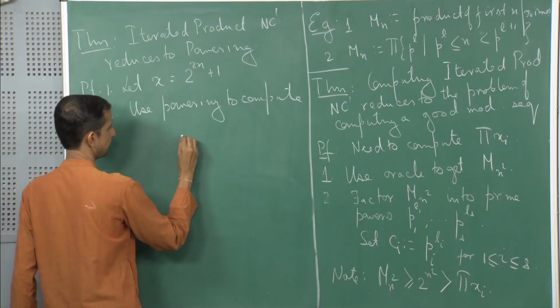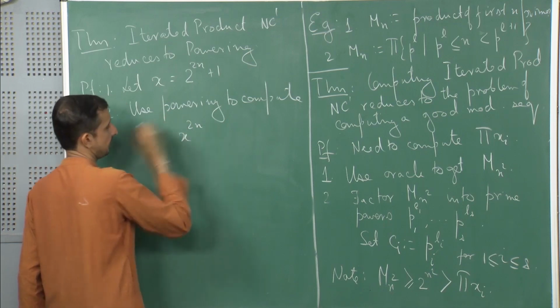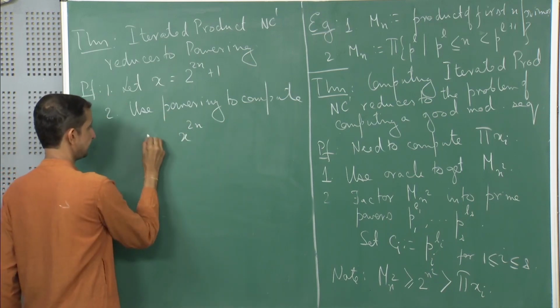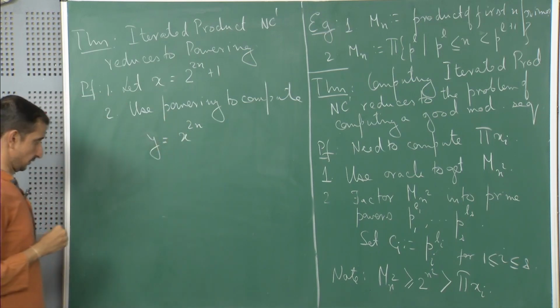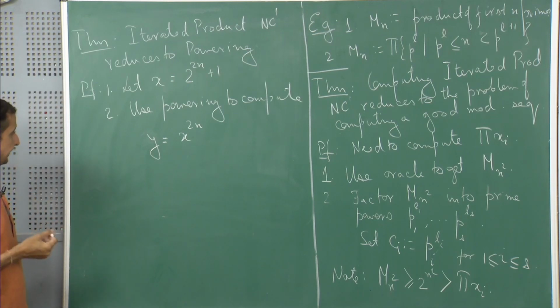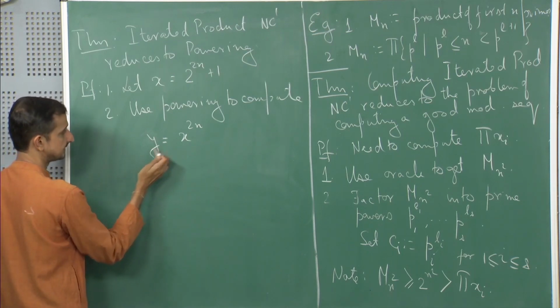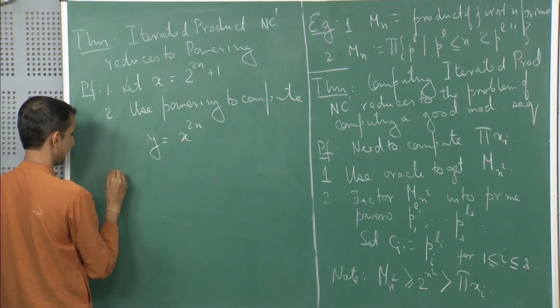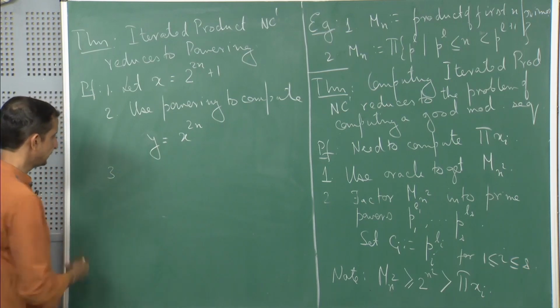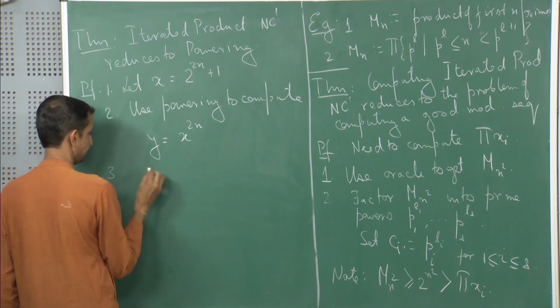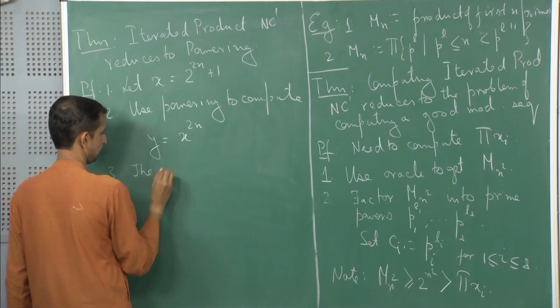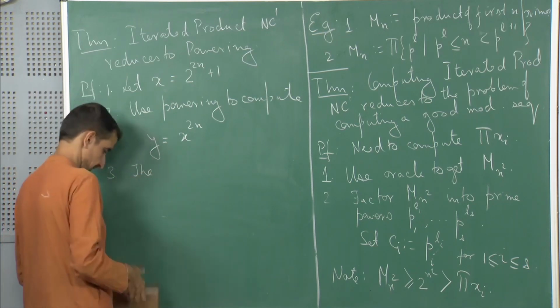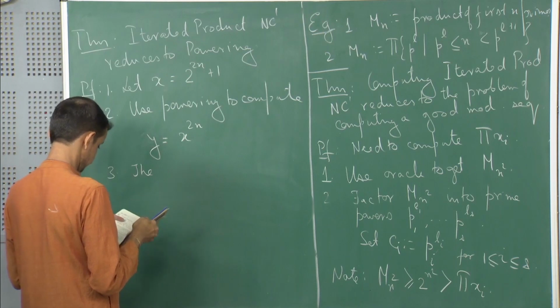We will compute x raised to 2n. Let us call this y, and now what we will show is that this y that we have, if we look at the following bits of y, okay. So the, how do I write this?